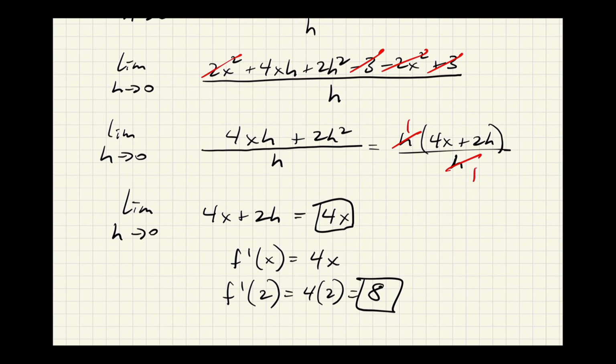So first you have to find the derivative equation, and then you plug it in if it asks you. Like I said, this is by far the longest way to find a derivative. Tomorrow, we're going to investigate to see if there's quicker ways to do it. And there are. So this is not how the whole chapter is going to go. This is just for today.